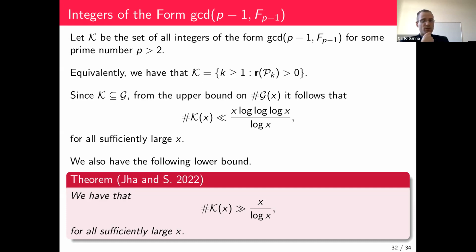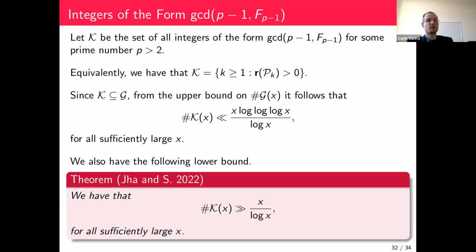And one can notice that big K is a subset of G, because for G we consider all natural numbers, while now we are considering only numbers which are shifted primes.